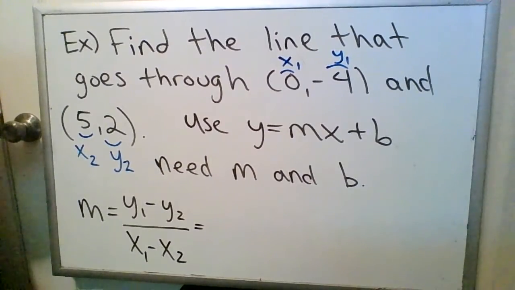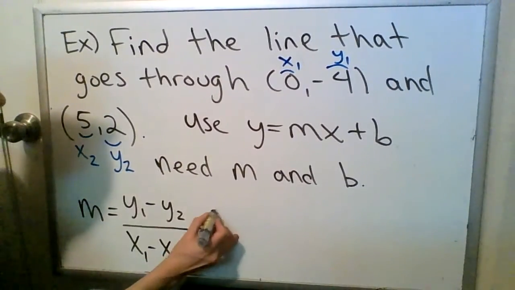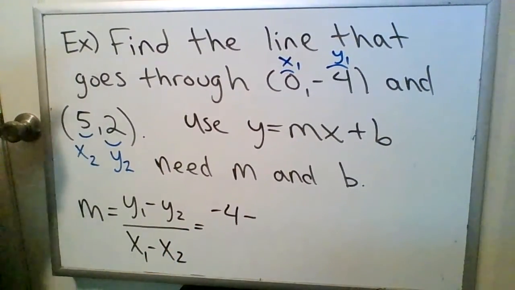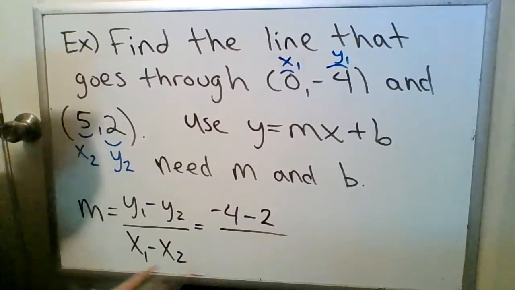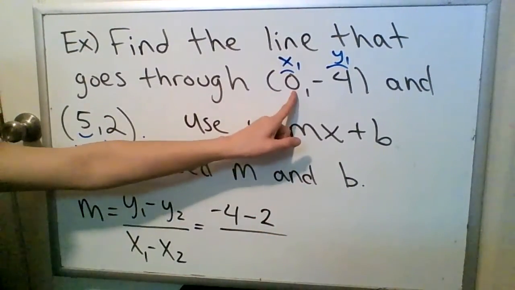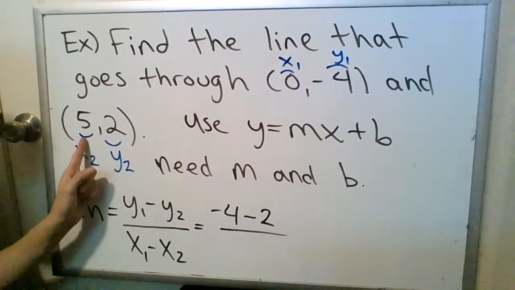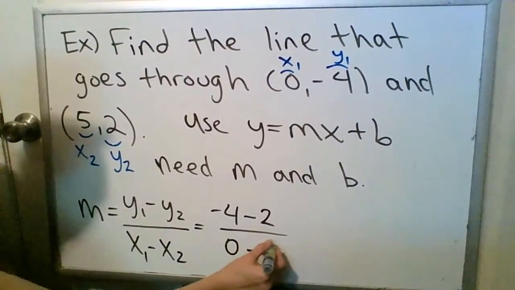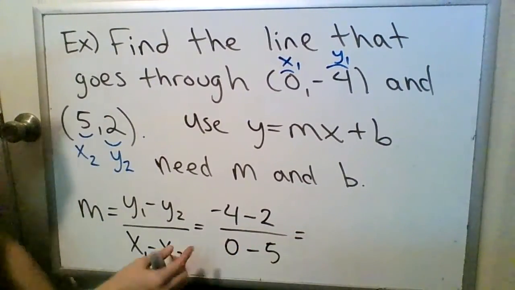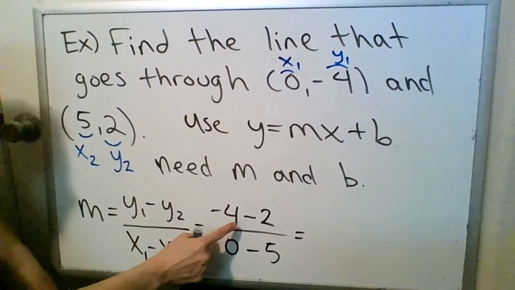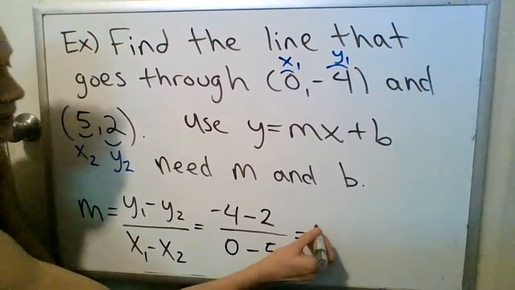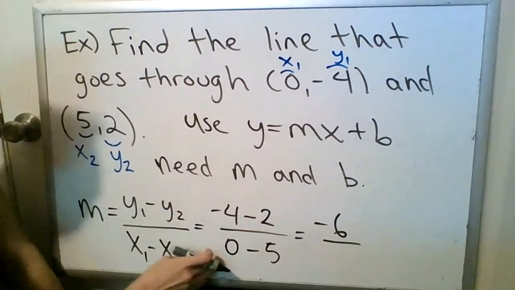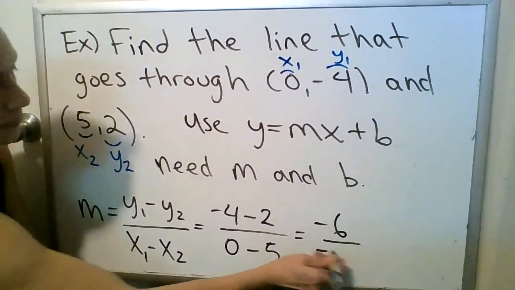Start with y1, which is -4. Subtract y sub 2, divided by 0 minus 5. -4 minus 2 is -6, over -5.